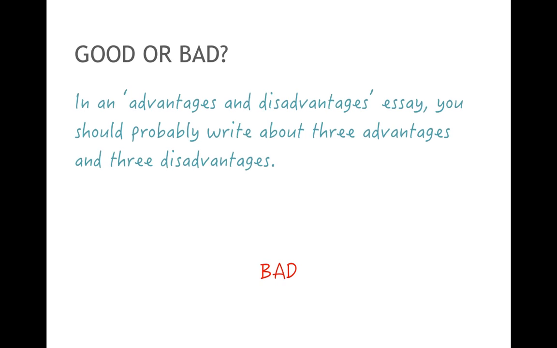If you write 3 advantages and 3 disadvantages, that's a lot of supporting arguments and examples, and that would just bloat up your essay to 400 or 500 words. So it's much better to write about just maybe 2 advantages and 2 disadvantages. And that should fill up at least 300 words for your essay.